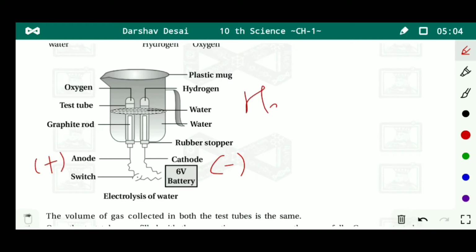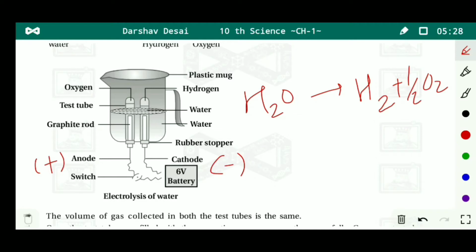Positively charged ions are attracted towards the negatively charged and negatively charged towards the positively charged. So, opposite charges attract.